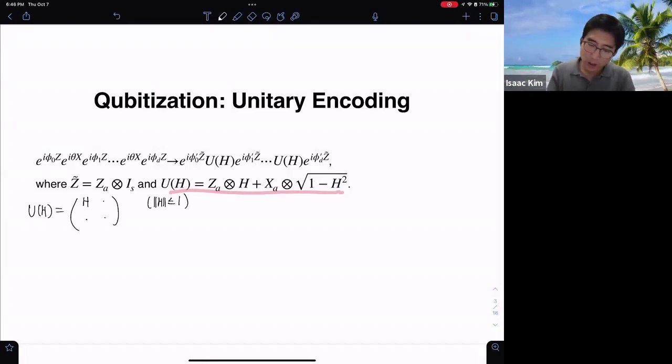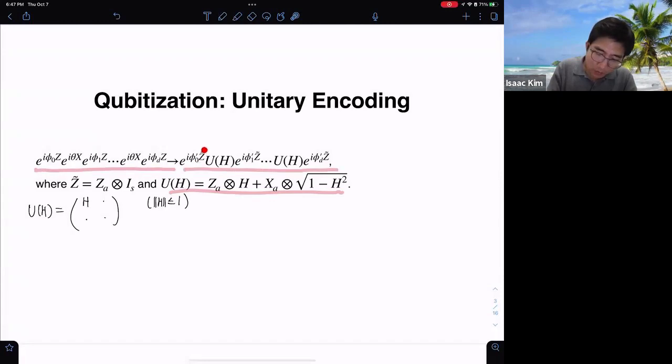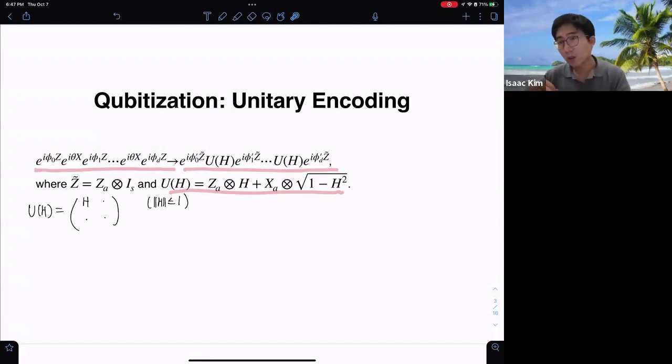First of all, I would like to draw an analogy between quantum signal processing, which was the sequence of operators that we studied, and qubitization. Here the z tildes are pretty much the same, just the same single-qubit z rotations. But now we're no longer working in a single-qubit Hilbert space.